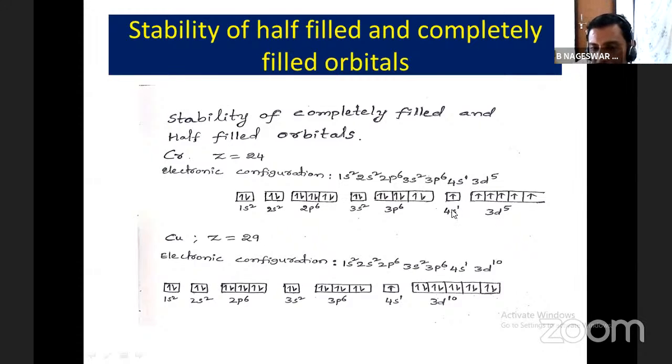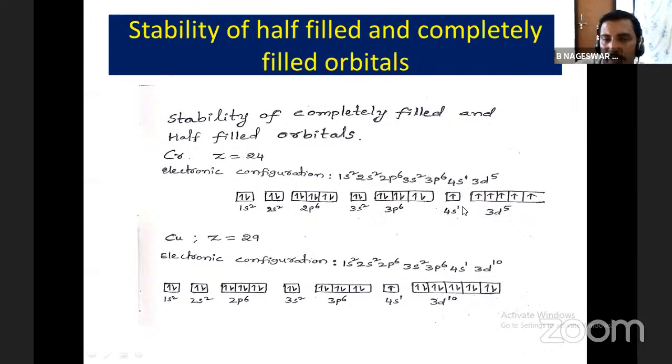Actually, our expected electronic configuration is 4s2, but here we write 4s1 only, because if just one electron enters the 3d orbital, it will be half filled. That is why one 4s electron enters the 3d orbital easily, and the atom gets extra stability. That is why the chromium configuration is 1s2, 2s2, 2p6, 3s2, 3p6, 4s1, 3d5.